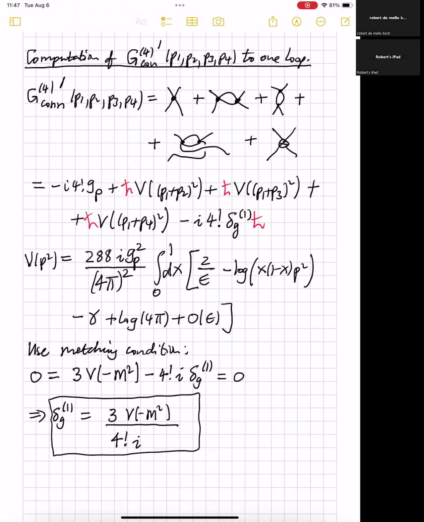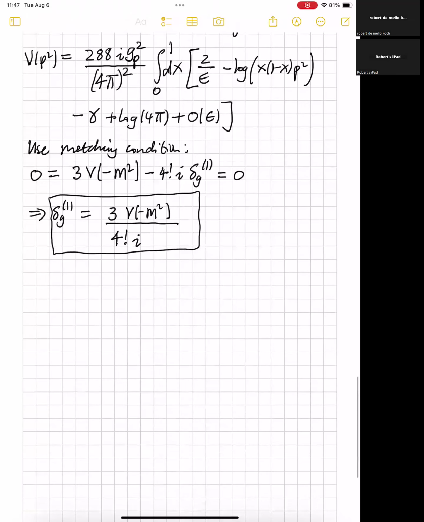Let's now plug our counter term into our expression for the correlator that we're looking at. And what is it equal to? We've got P1, P2, P3, P4. What is this equal to? Well, the first term is minus 4 factorial times i times the physical coupling.